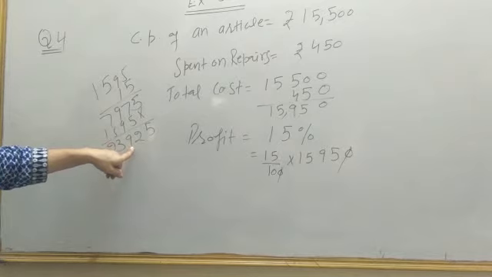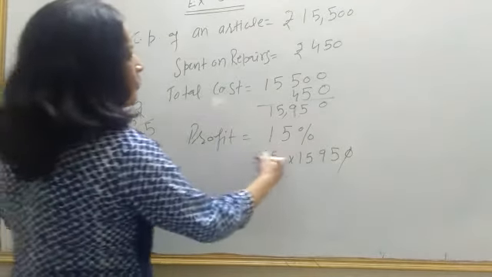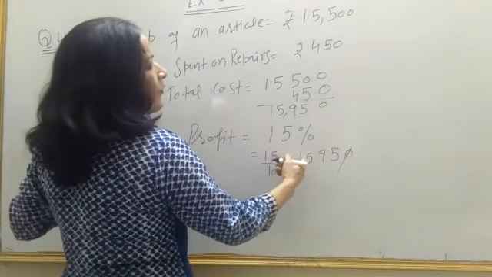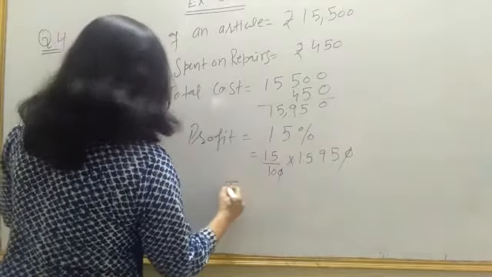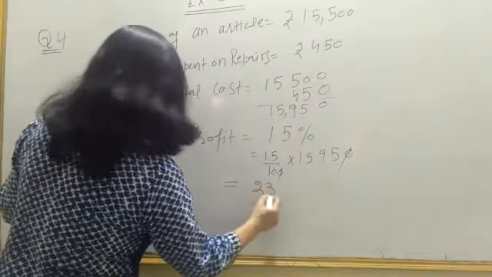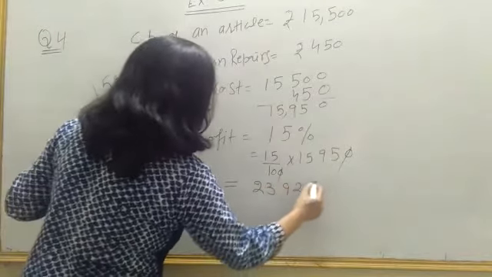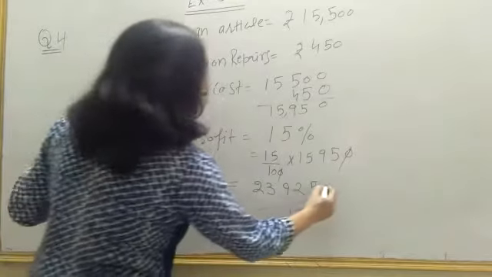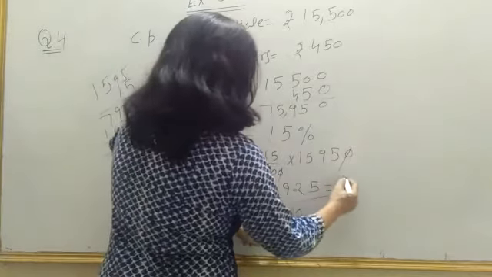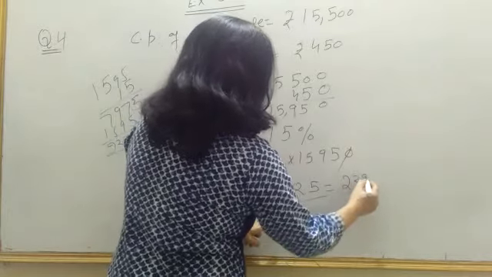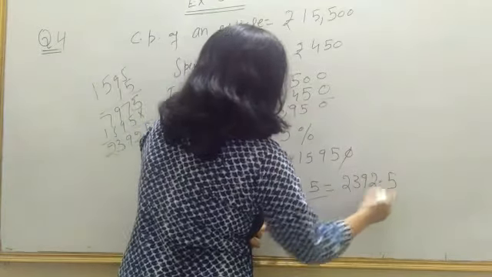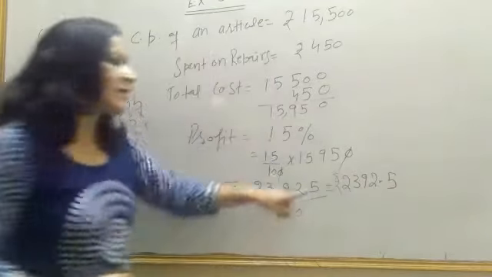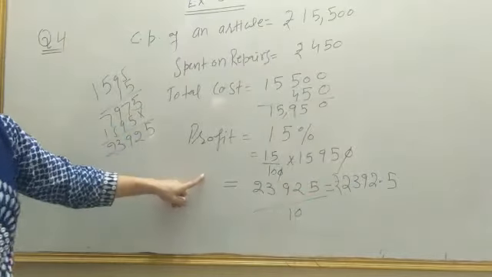After multiplying, it is 23,925 with 10 in the denominator. When we remove the 10, it is 2,392.5 rupees. This is the profit you earned.